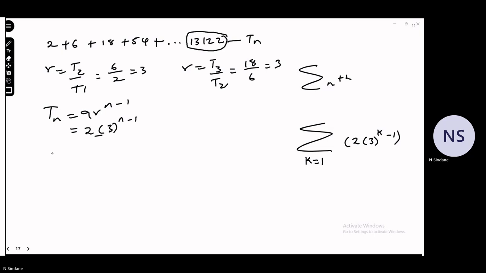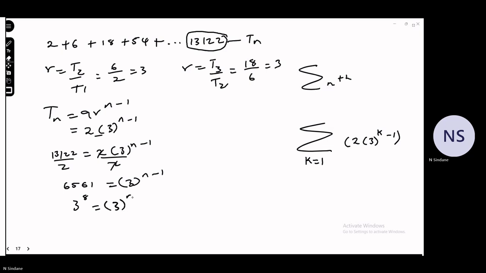So here I can say 13122 is equal to 2 into 3 to the power n minus 1. Then I divide by 2, and they cancel. 13122 divided by 2 is 6561. This is equal to 3 to the power n minus 1. And then I can change this to exponential form, which gives me 3 to the power 8 is equal to 3 to the power n minus 1.